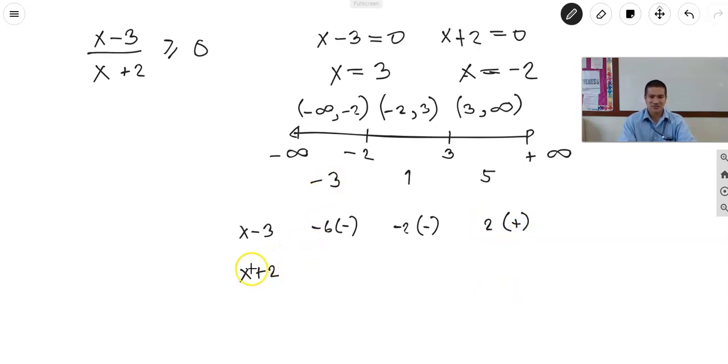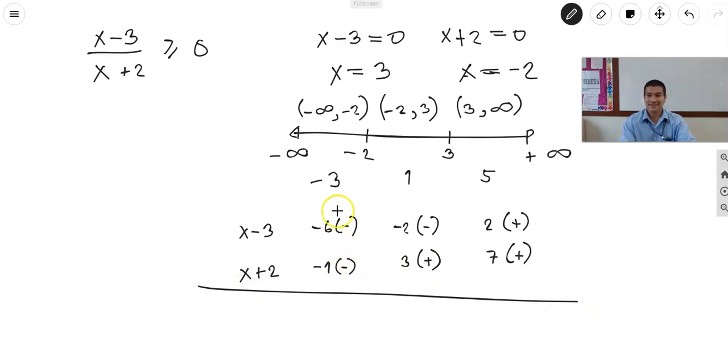Next, negative 3 plus 2 is negative 1, which is negative. This one is 3, so the result is positive. And then here, we have 7, the result is also positive. And then what you're going to do, you multiply the signs. And therefore, we have positive, negative, and positive.